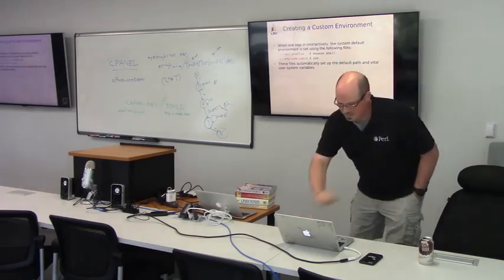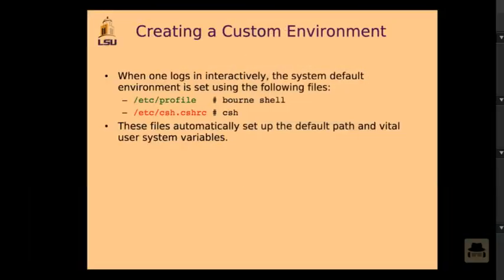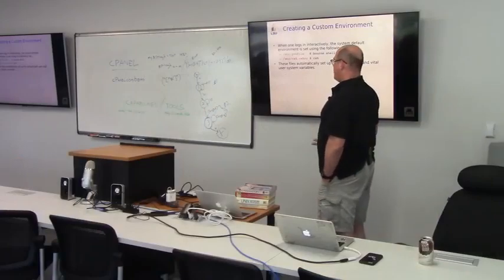Okay, creating a custom environment. I mentioned that if you use export or setenv in C shell, the global variable you set will go away after you kill the interactive session. You can create your own environment that is available any time you log in or open up a shell.